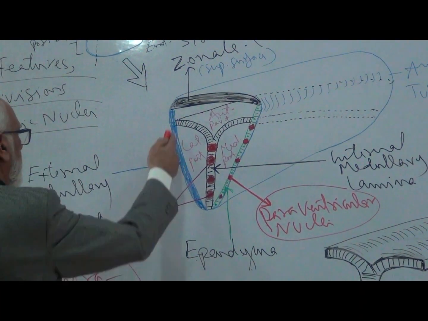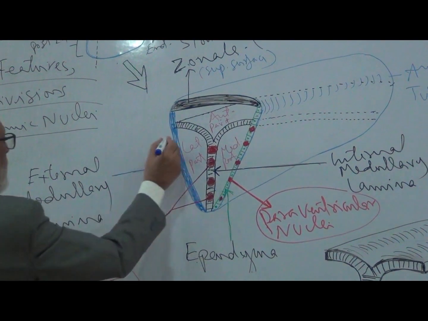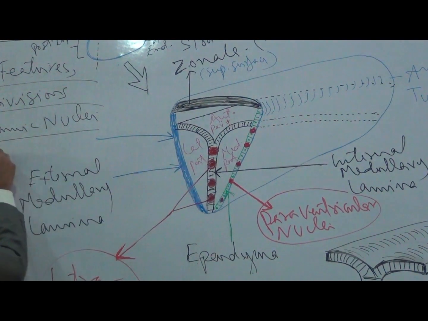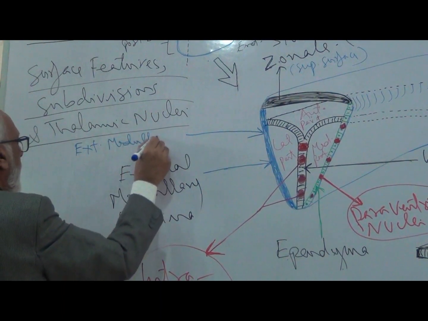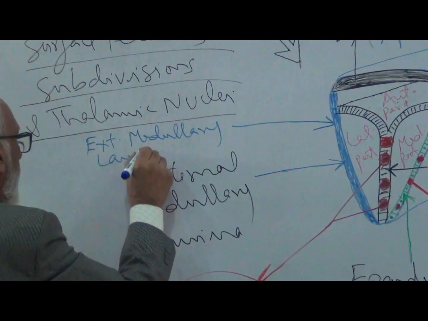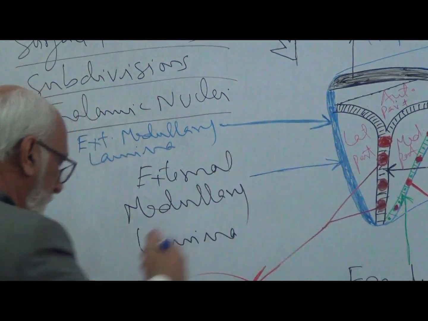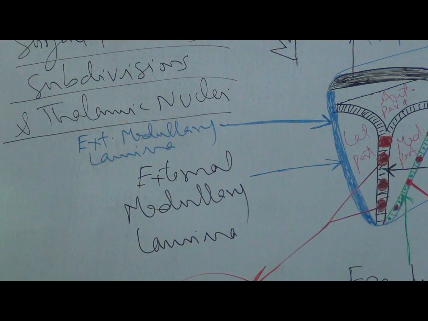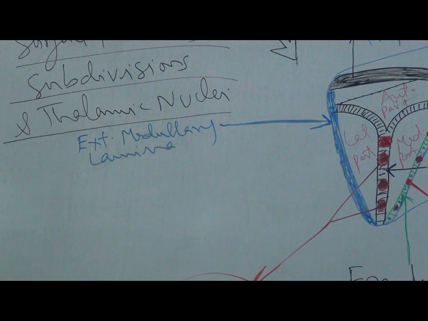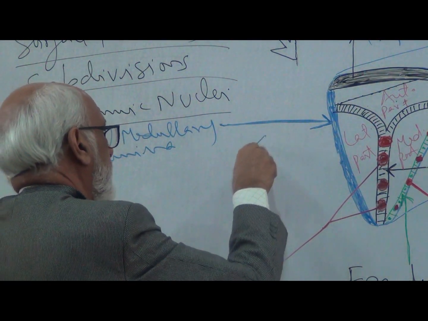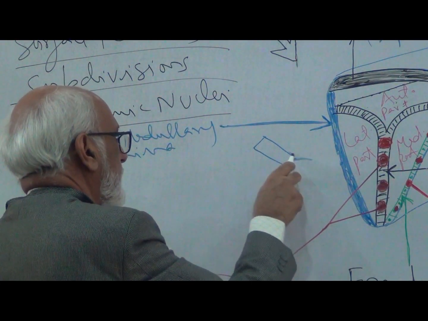Then I told you that the lateral surface is covered by the external medullary lamina. And I told you that it is related to the posterior limb of the internal capsule. This is the anterior limb and this is the posterior limb.